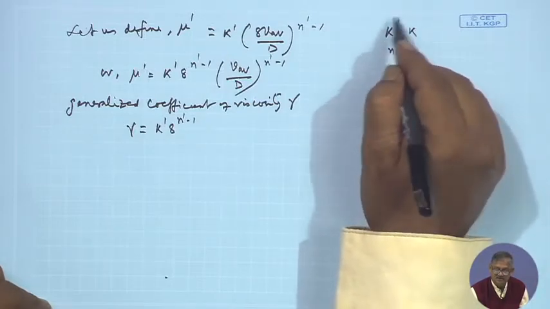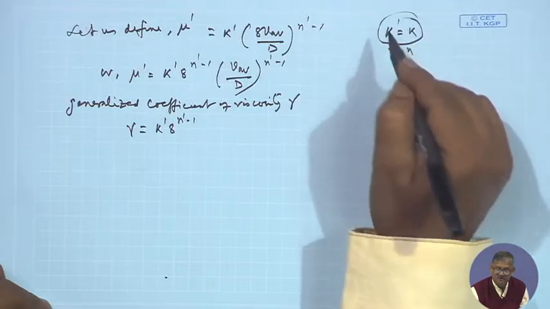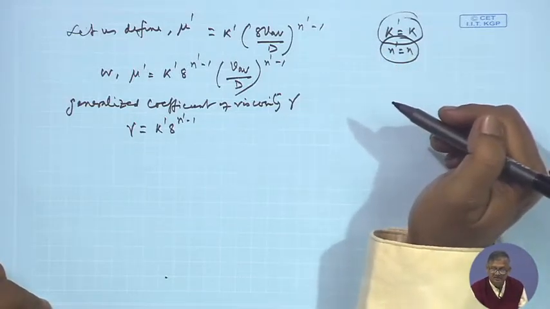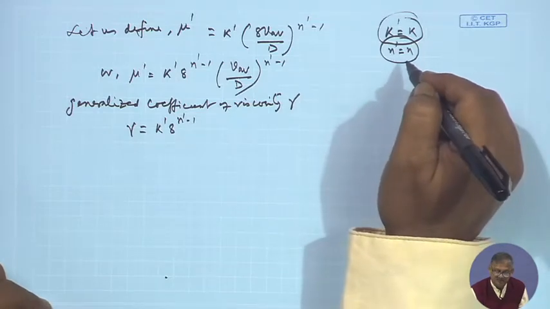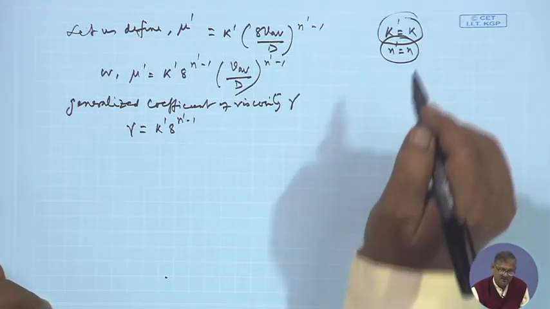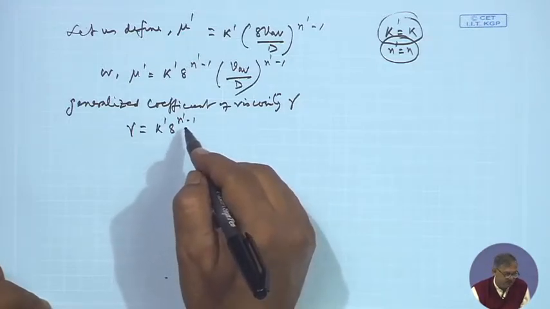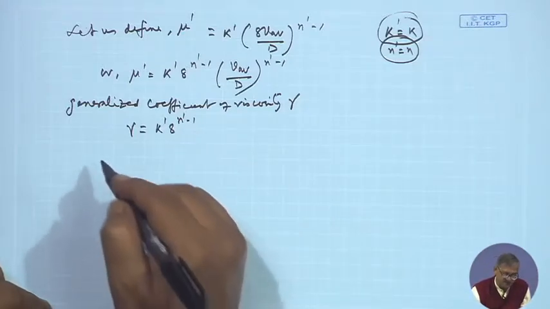This relation of k prime with k we have found earlier, and we assume n to be n prime, right. So, gamma then is equals to k prime 8 to the power n prime minus 1.